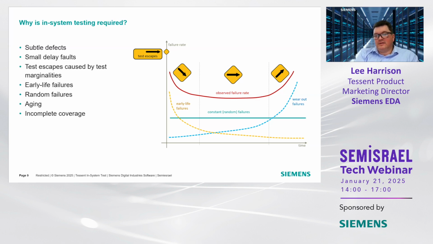So as the silicon starts to age, we can use our SLM technology to really look at the overall health of the silicon throughout its life cycle, and start to be able to predict, based on the data that we collect, when the silicon is going to fail. So really being able to do predictive maintenance, predictive analysis on the overall health of the silicon.